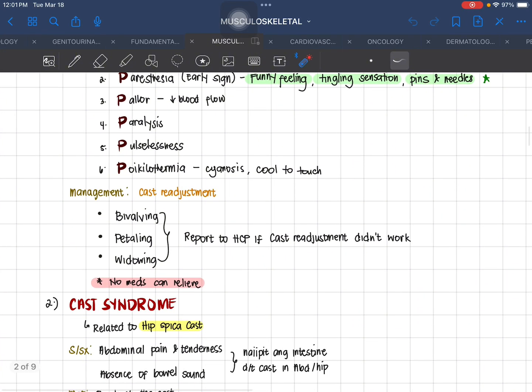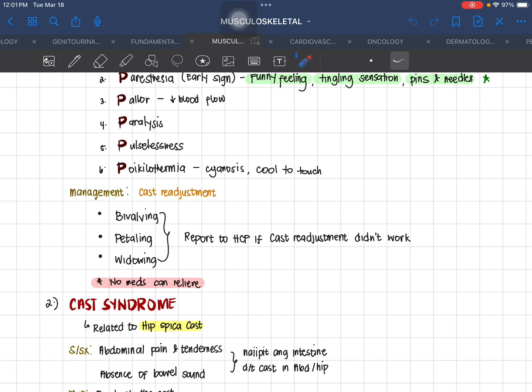Lastly, ang management sa compartment syndrome, may tinatawag tayo na cast readjustment. Yung cast readjustment natin, meron siyang tinatawag na bivalving, pwede rin petaling, or widowing. So, yan. Again, ang management ng compartment syndrome ay i-readjust mo siya.